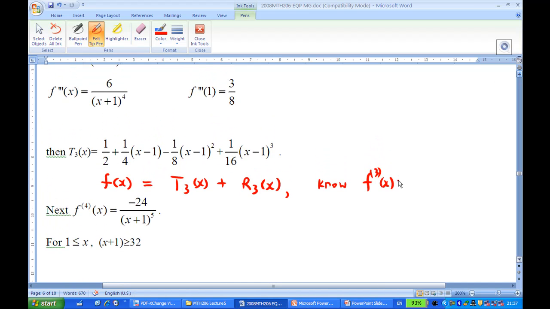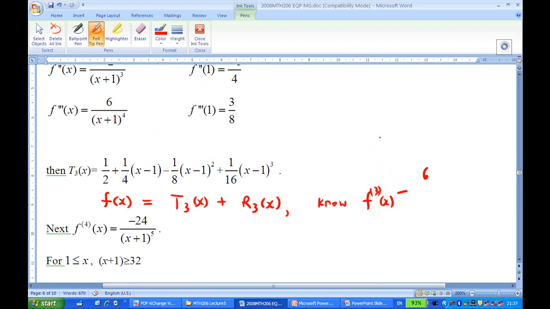the third derivative of f is 6 over (x+1) to the power 4, which is 6 times (x+1) to the power minus 4.